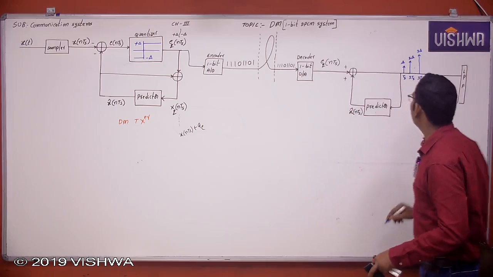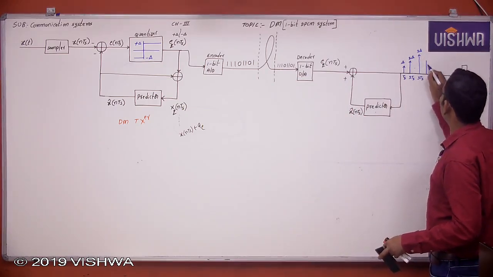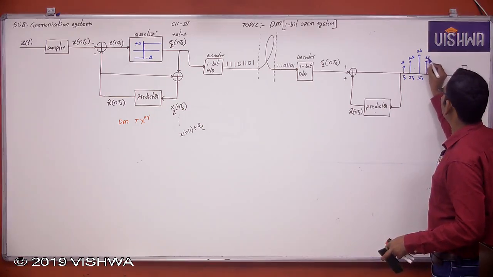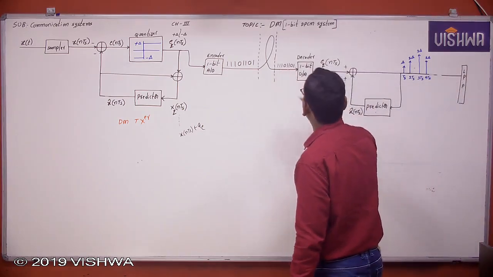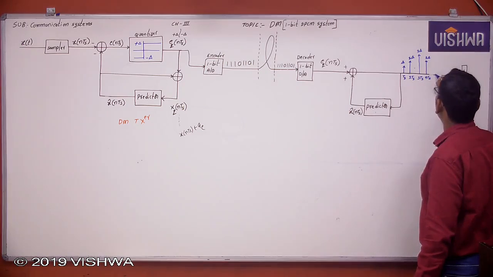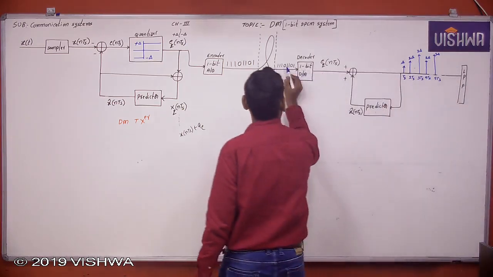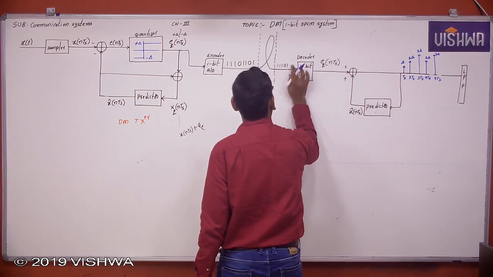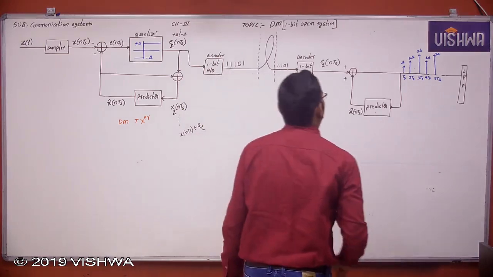At 4Ts, binary 0, decremented by delta, meaning 3 delta minus delta is now 2 delta. Now at 5Ts, again incremented by delta.